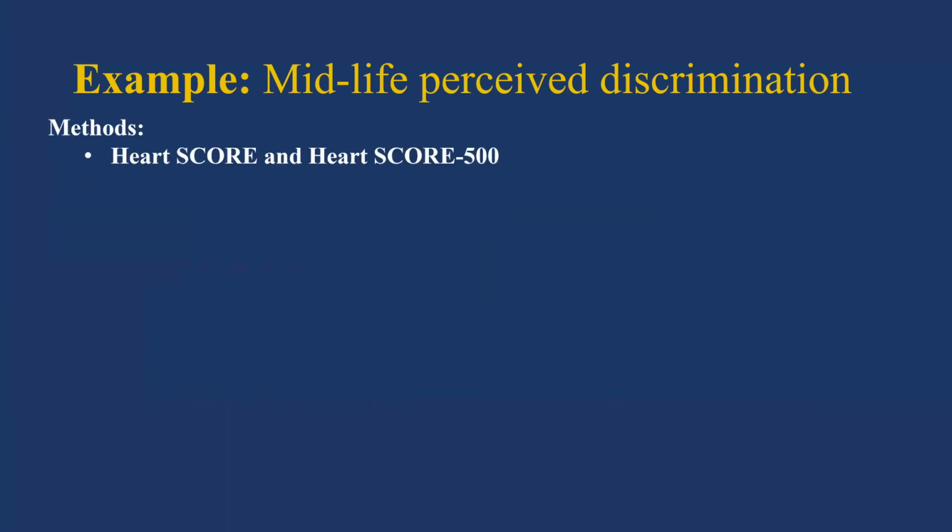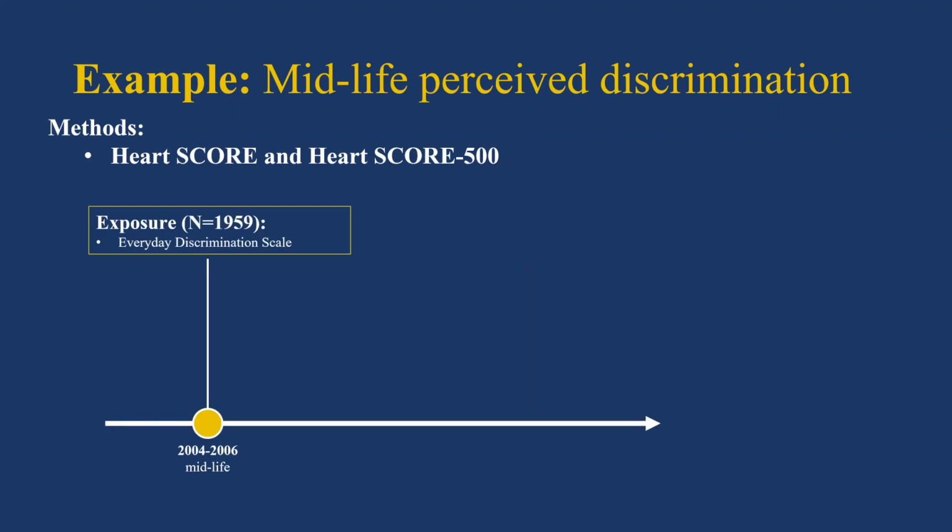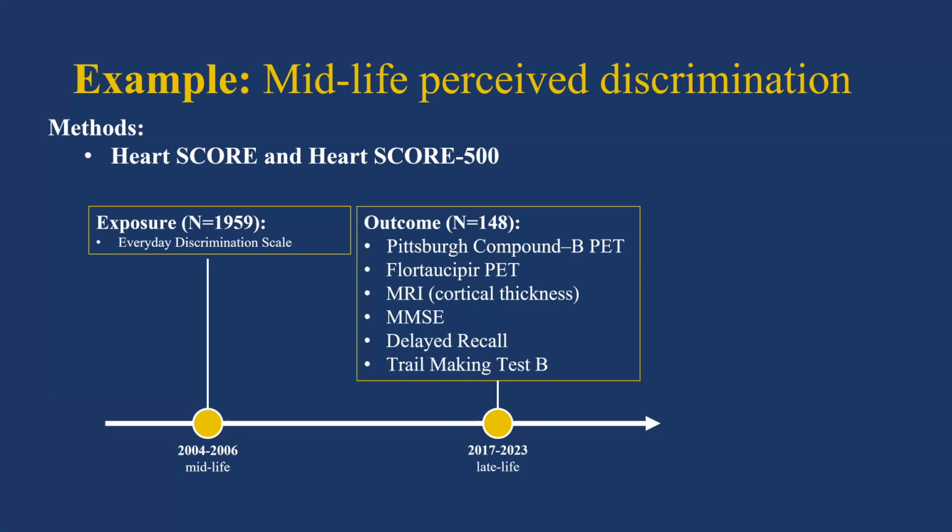So to examine this, we used data from the Heart Score and ancillary Heart Score 500 studies, where participants in the parent study completed the everyday discrimination scale in midlife, and those in the ancillary late life study completed imaging for amyloid, tau, and neurodegeneration, as well as cognitive measures, including MMSE for global cognition, trail making test B for executive function, and delayed recall for memory. And we tested relationships between midlife perceived discrimination and each of these late life outcomes.